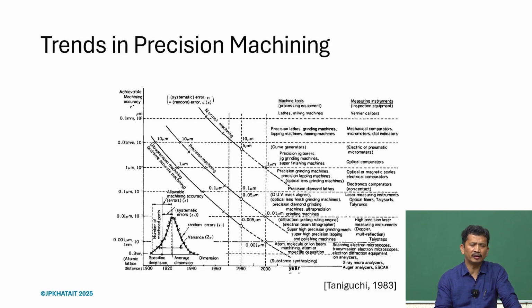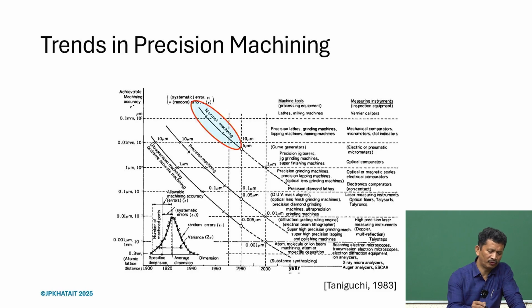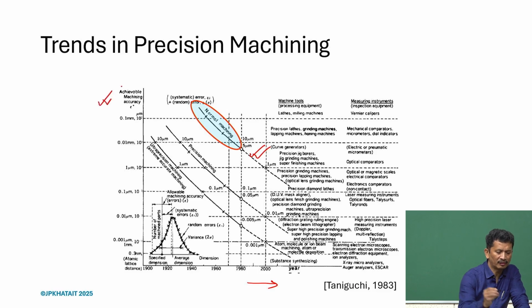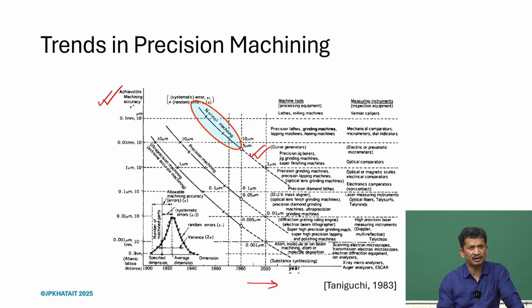Moving on, this is the famous chart about precision machining, presented by Taniguchi in 1983, and he talks about trends in precision machining. What is important to understand here is that when you talk about normal machining, this is the trend. This is the year line, and what we see here is the achievable machining accuracy.